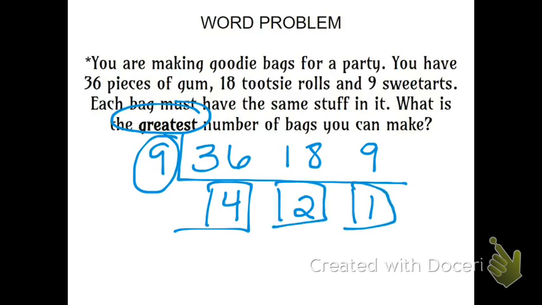So each bag is going to contain how many separate items? 7 items, because we have 4 here, 2 there, and 1 there. Now, you did not have to do the cake to figure this out, but that just shows you how it gives you additional information.